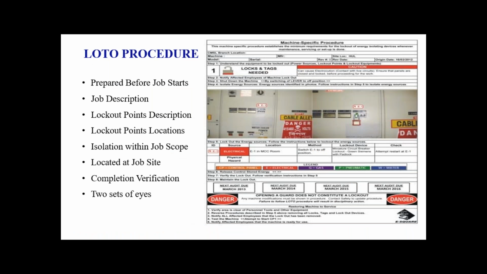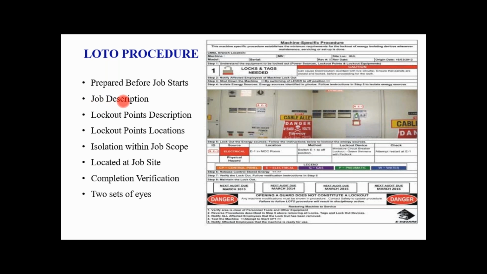This is an example of the LOTO procedure that is prepared before a job starts. That job may be a repairing, servicing or maintenance activity, whatever it may be. Before starting the job, you have to prepare this LOTO procedure, which is given in this picture.